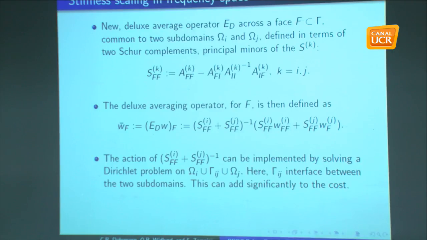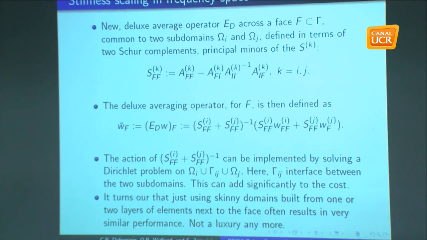This can be significantly costly. However, instead of using this rather large problem, it often works very well when you just take the points on the interface and those in one or two layers next to it. And then there's no luxury involved anymore. It's cheap.